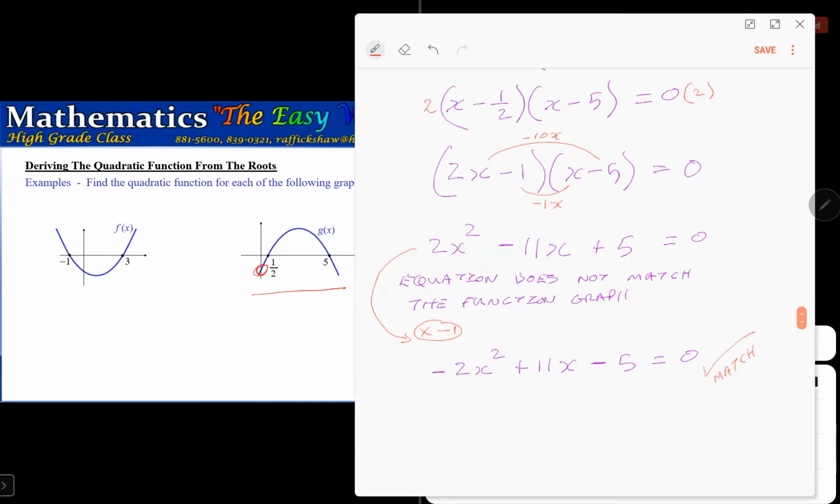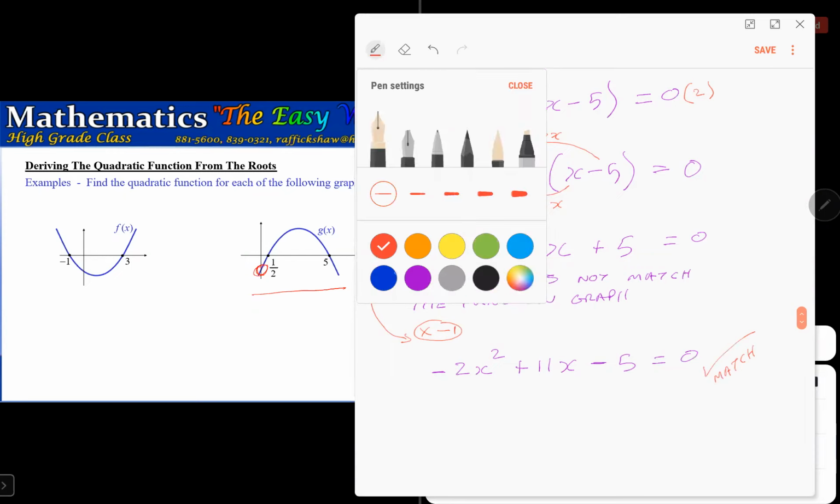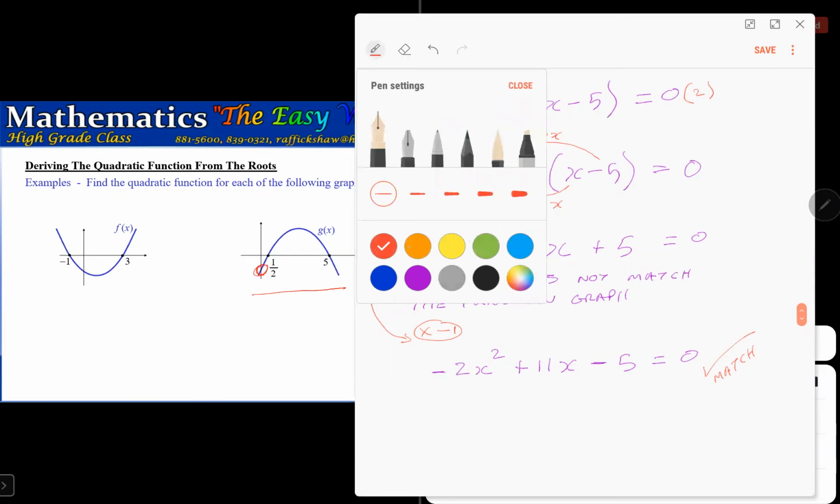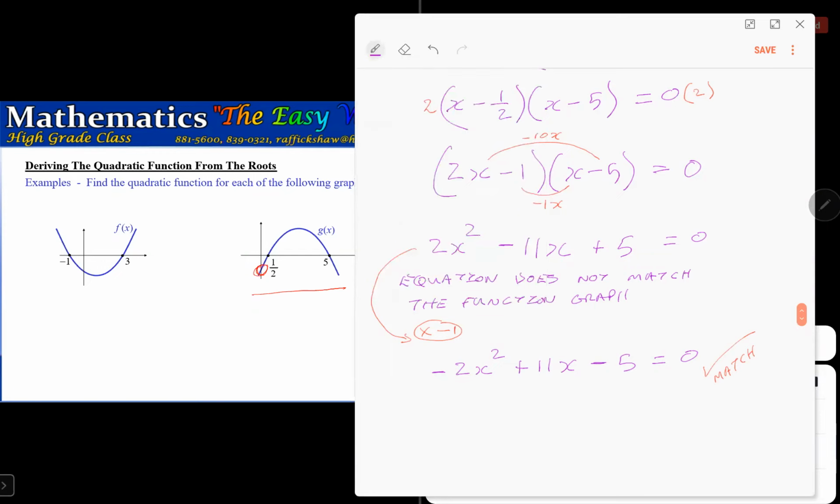Right? And since we know we have a match, we can now write the function. Therefore, g of x is minus 2x squared plus 11x minus 5. And that is the function g of x.